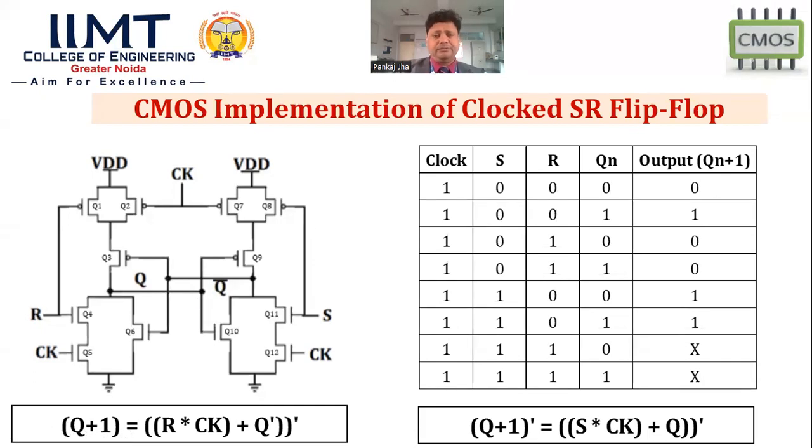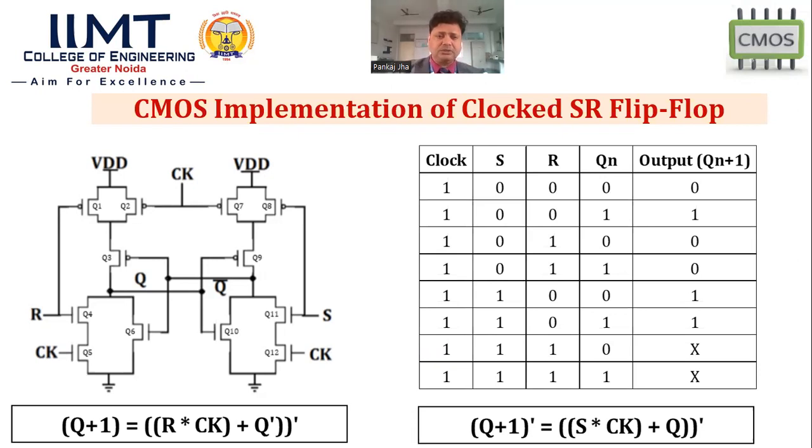Similarly, for Q n plus 1 bar, that means the next state Q bar, we have to implement S dot clock, that means S multiplied with clock, and further we do an OR operation with Q, that is the previous output. So this is a simpler way to implement any function using CMOS, whether it is combinational logic design or sequential logic design.